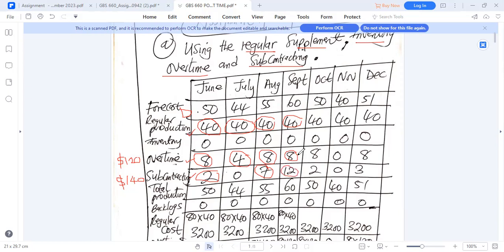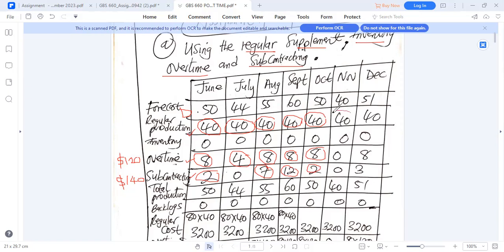Then this comes to the 60 units that we need. All right, then in October, our regular production is 40, and then our demand is 50. So our overtime would have been 8, and then subcontracting 2 units, meaning that we would have had the 50 to meet our demand of 50 units.